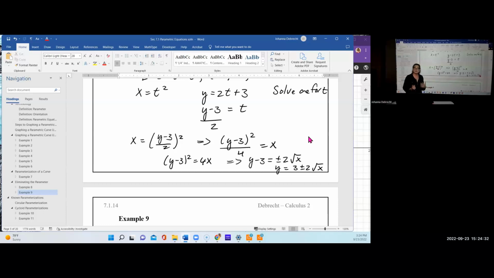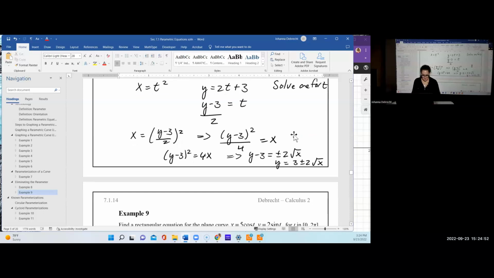Which would be an explicit formula for y. This would be an implicit equation for y, and this is an explicit equation for y. To my mind, the implicit one is better because it reveals the underlying structure. This is a sideways opening parabola, right?